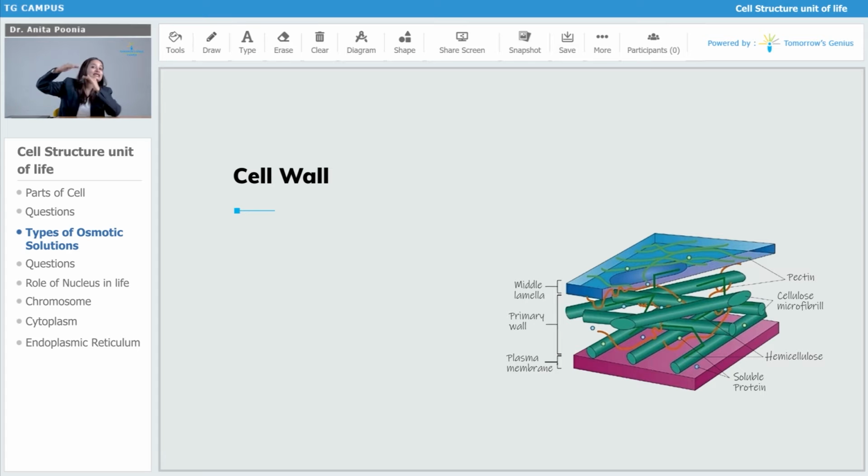It's a layer. Again, there are many layers, like a sandwich, okay? You could see the plasma membrane in there, and then there is the middle lamella, and then the middle part that you see is the primary cell wall, right? And then we will understand what the components are and what it is composed of, okay?